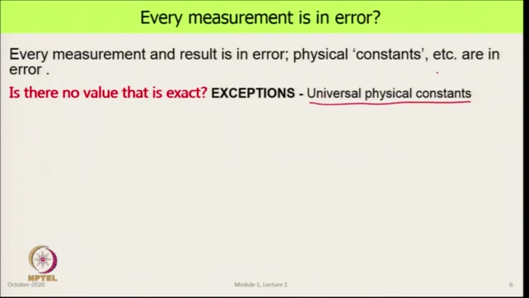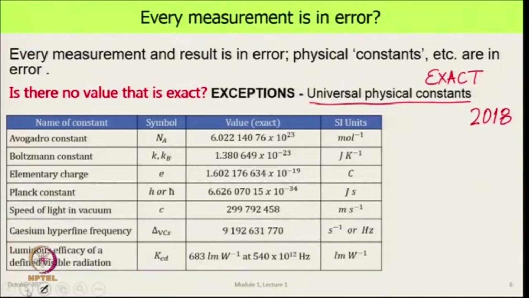These are considered as exact, and the definition of which of these physical parameters are constant and exact was decided as recently as 2018 by a large body of scientists and engineers who looked at all types of data about all types of constants and asked which is it that is exact and what is their exact value. And this is what we get.